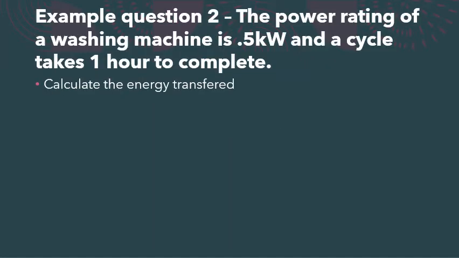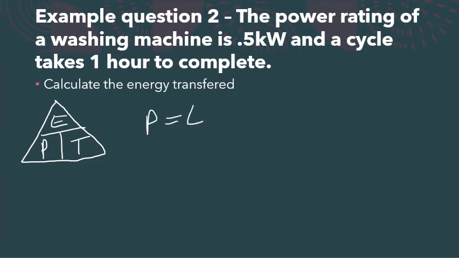So example question 2. The power rating of a washing machine is 0.5 kilowatts and a cycle takes 1 hour to complete. Calculate the energy transferred. Well, you should draw down your power triangle. Power is the energy that's transferred over a period of time, so power is equal to energy divided by time.